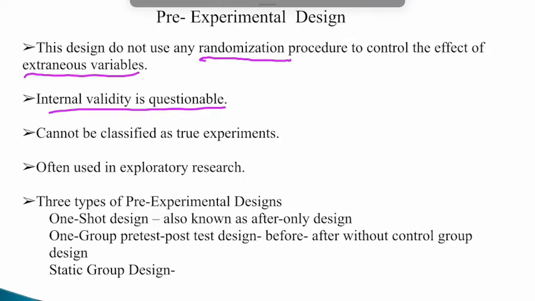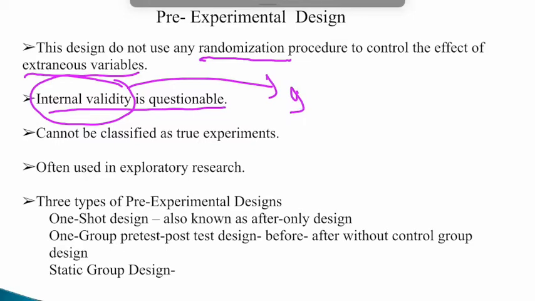Every design has its limitations. Although we use a variety of designs in a variety of research, as the extraneous variable effect is there, the internal validity is questionable in this design. Here I'll also explain the meaning of internal validity so that it is clear in your mind. Internal validity indicates whether the independent variable was the sole cause of the change in the dependent variable.